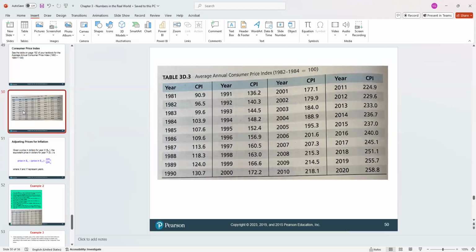So what you do, you take the 2015 CPI, which is 237, and you divide it by 107.6. That gives you 2.20. In the language of economics, we say that $1 in 1985 was equivalent to 2.20.